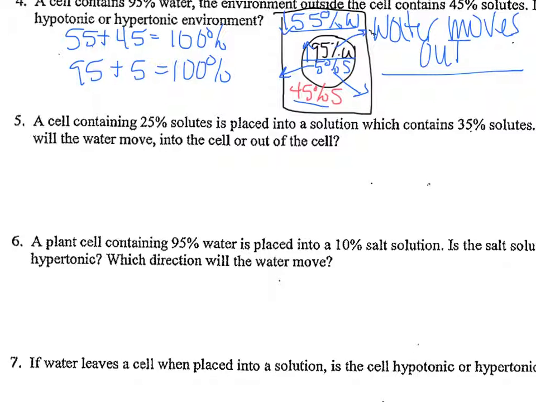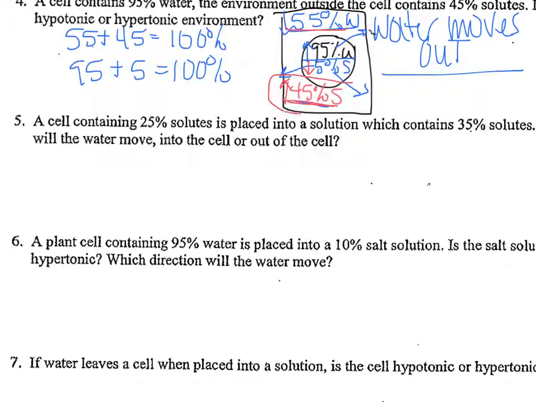So we look on the outside. This is pretty easy. We have 45% solute, and that is higher than our 5% solute. Or we can just look at that is high, and because this is low, it's an inverse relationship once again.